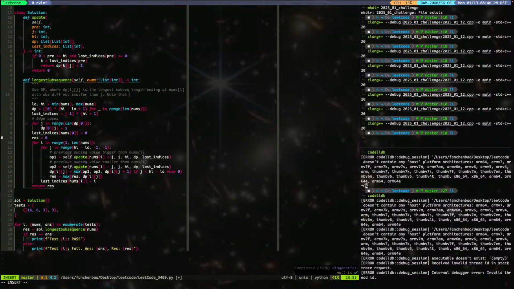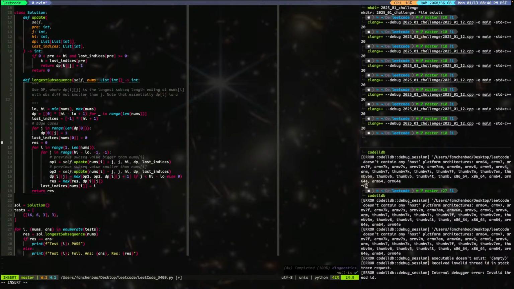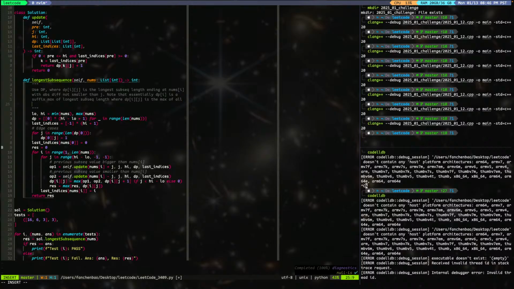Note that essentially dp i is a suffix max of longest subsequence length, where dpij is the max of all dpij towards the end.